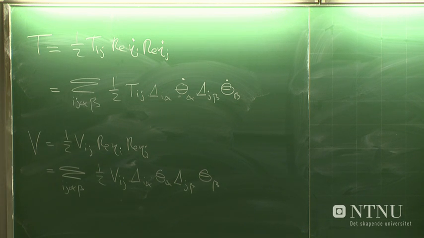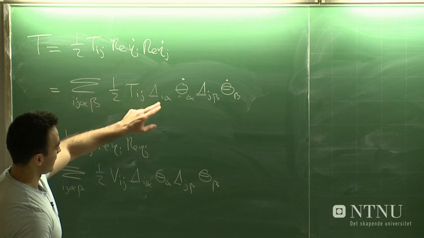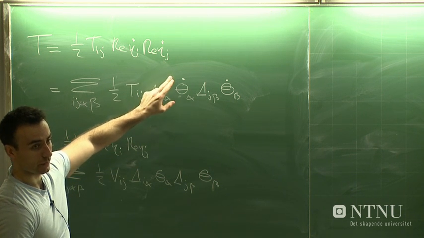So this is what we have to work with. And we see that in principle we have quite similar expressions. The main difference here is that you have to consider the time derivative of theta.